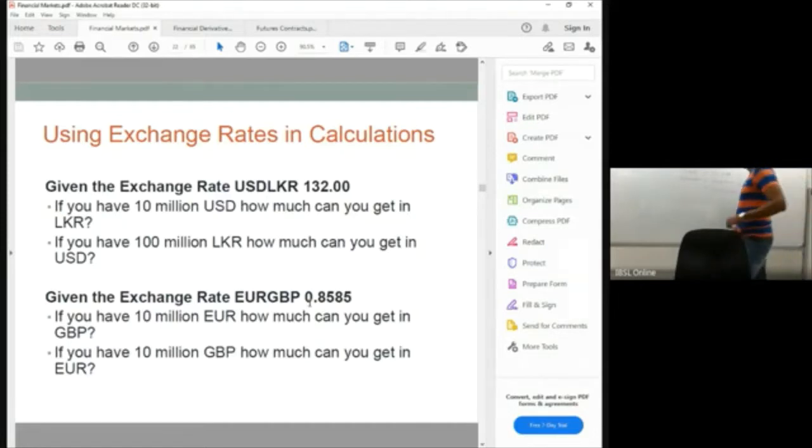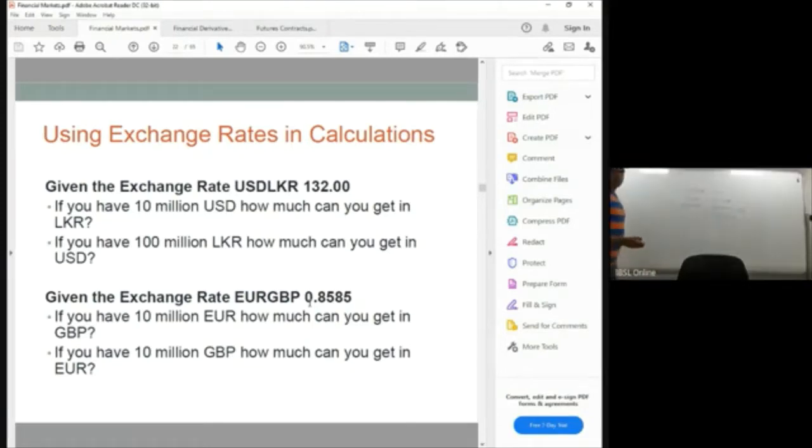Isn't it? According to this exchange rate, 132 rupees will buy you $1.